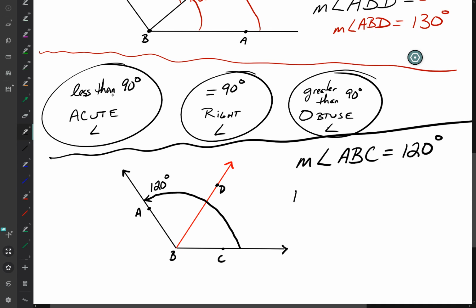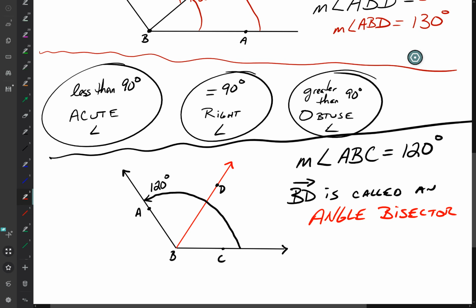Well, BD is called an angle bisector if it cuts the angle in what?